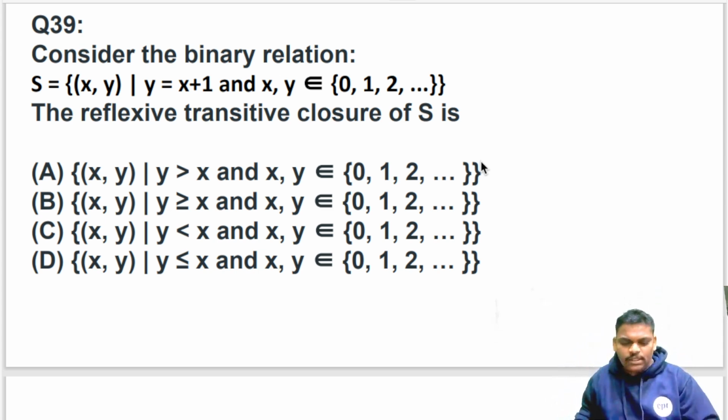P and Q implies R: true, true, true, false. True, true, true, true. Go to the next one. Q implies R: true, true, true, false. True, false, true, true.